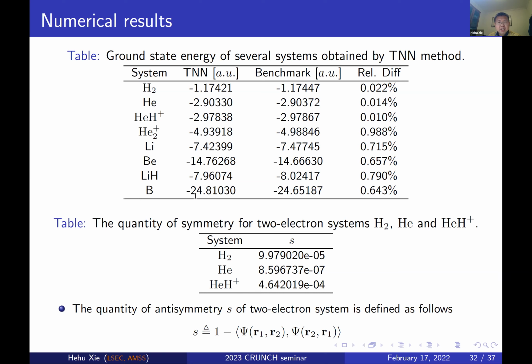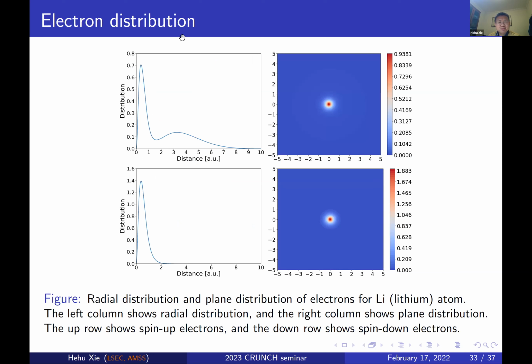These examples come from physics papers and from other people's machine learning methods, and we find that the accuracy is better than other ways so far. And this is the accuracy for the anti-symmetry constraint. We can find that it also satisfies the constraint with a high accuracy.